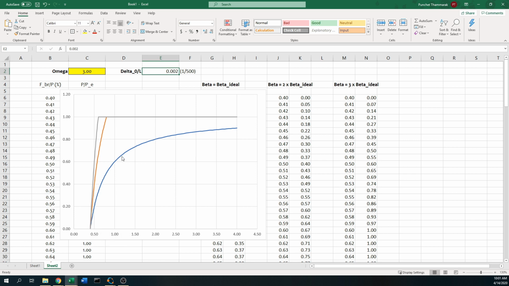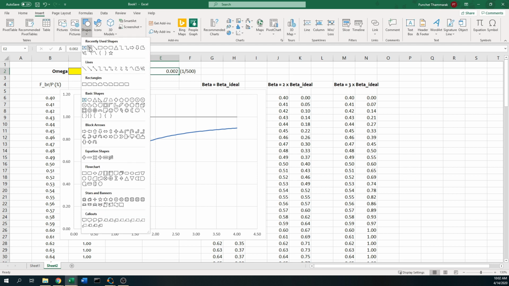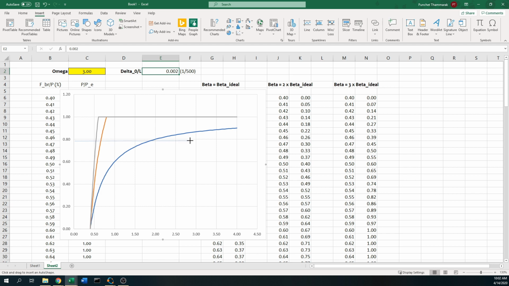You can look at the structure of the equation, and you will see why it doesn't affect. Alright, so I changed the omega values, or the stiffness. This is the smallest brace stiffness, which is equal to the ideal brace stiffness. I increase it up, I come to here. I increase it up to 3 times the ideal brace stiffness, I come this far. So the meaning is that the less the brace stiffness, the higher the bracing force is going to be. So I come back here, I draw maybe one line like this.